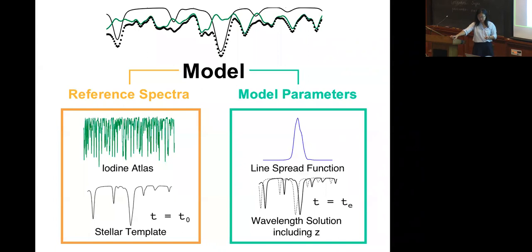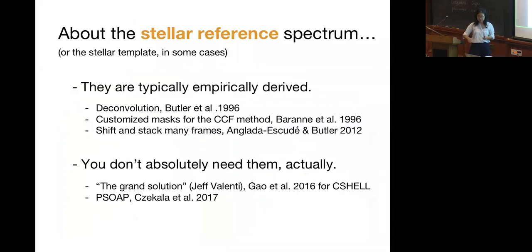I just want to say one word about the stellar reference spectrum or stellar template, because that's a key component in both CCF and forward modeling. Knowing the ground truth for your star is kind of key.